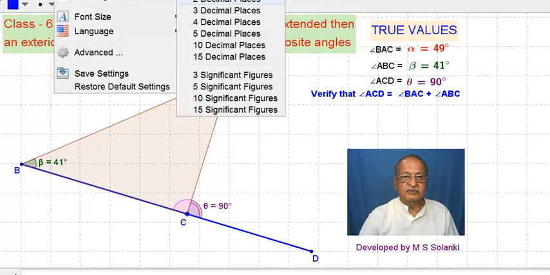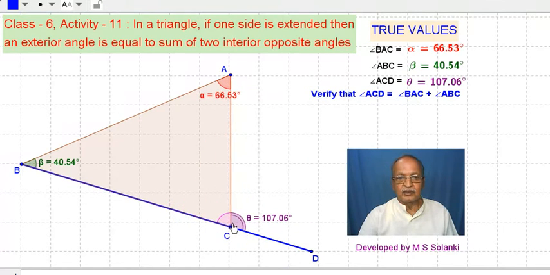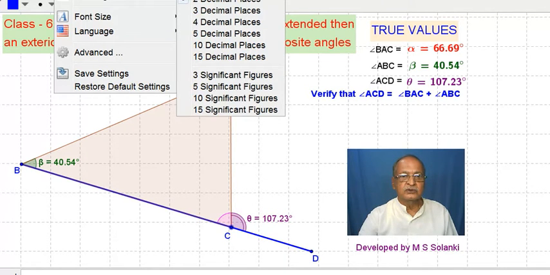If you take rounding up to 2, then it will affect very little.